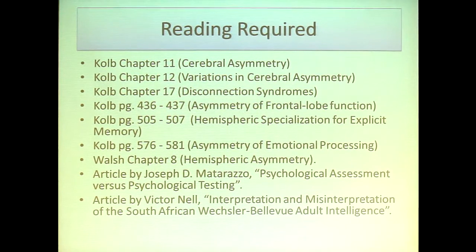Now, the one article, this one by Matarazzo, is a very, very important article. It's quite an old article, but it remains very important because what it points out are some of the statistical things that you need to be aware of, like standard error of measurement. If you measure somebody, and let's say they fall on a scaled score of something, you need to know what the standard error of measurement is. Because it doesn't mean that they scored exactly that. One has to take that into account.